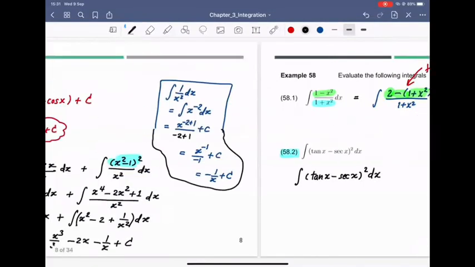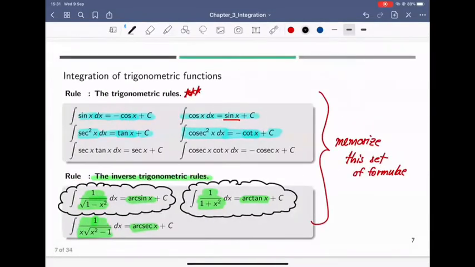Well, I look back at my formula first. What I have is integrate secant square x, right? If I expand (tan x minus secant x) squared, I am going to see tangent square and secant square. And for secant square, good, I have a formula.